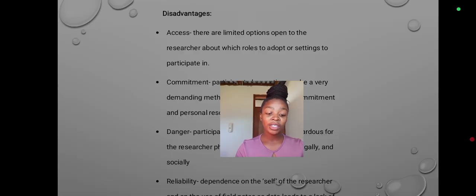Participant observation can be hazardous for researchers physically, psychologically, legally, and socially. Also, reliability. The dependence on the self of the researcher and on the use of field notes as data leads to a lack of verifiable data. So reliability is open to doubt.